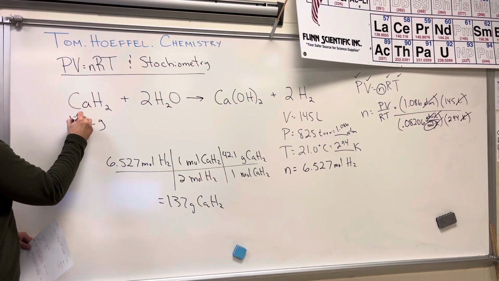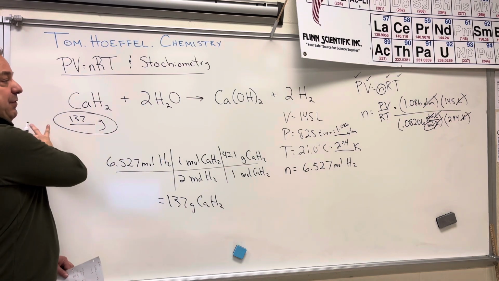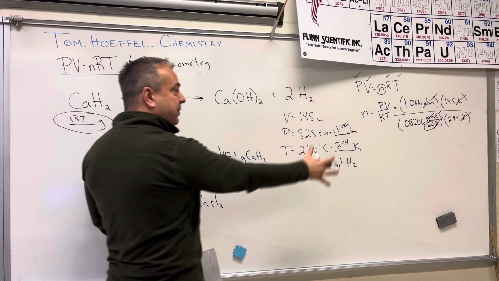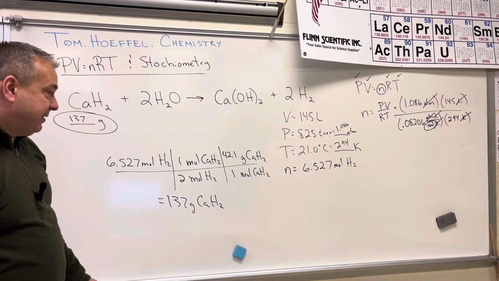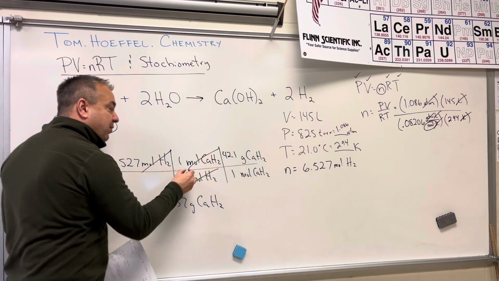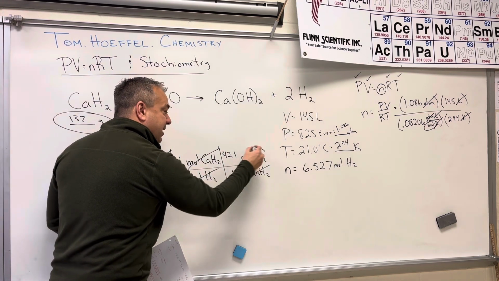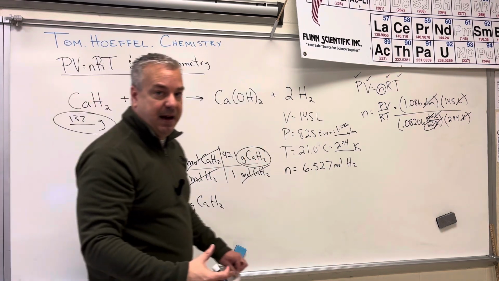So 137 grams of calcium hydride would have to react in order to produce this volume, pressure, and temperature of hydrogen gas. And just to show you, the moles of hydrogen cancel out, the moles of calcium hydride cancel out, and I'm left with those units of grams of calcium hydride.